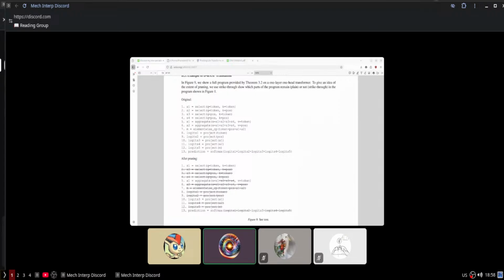For a 2-layer 2-head model, you go from 2 variables to 6 after layer 1, to 18 after layer 2. And the different variables have the program lines. Yeah, I guess that makes sense.